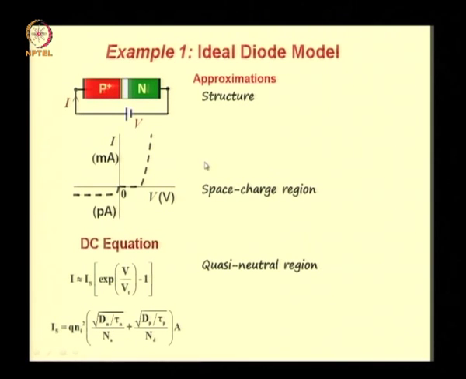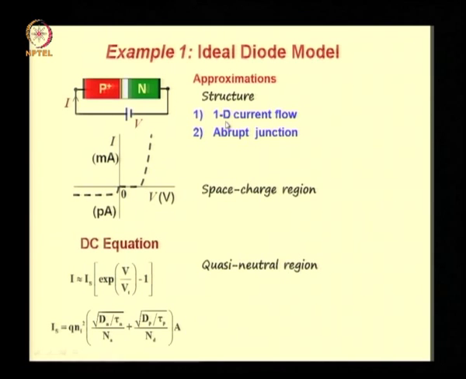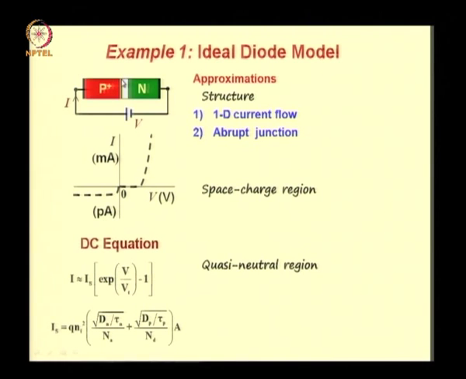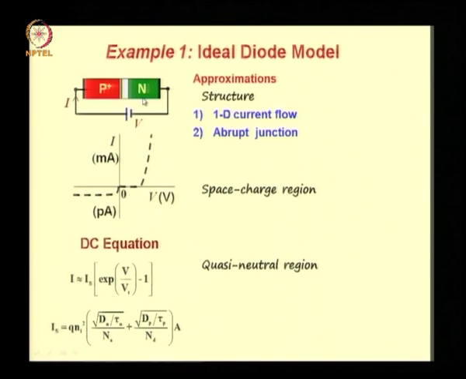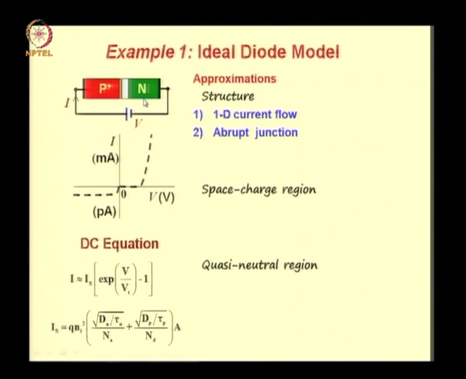So, a device can be separated into space charge and quasi-neutral regions. Related to the structure, the approximations are one-dimensional current flow and abrupt junction. This means the doping changes abruptly from P type at the junction to N type when you move to the other side.